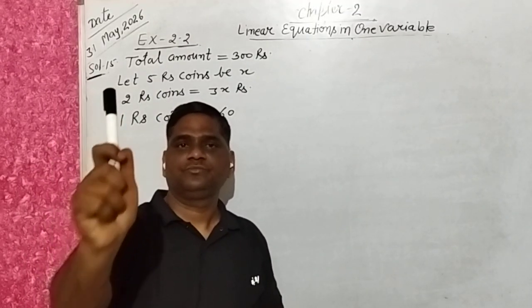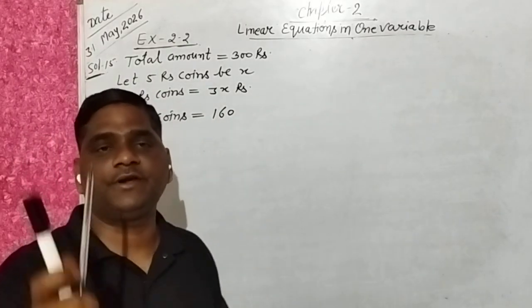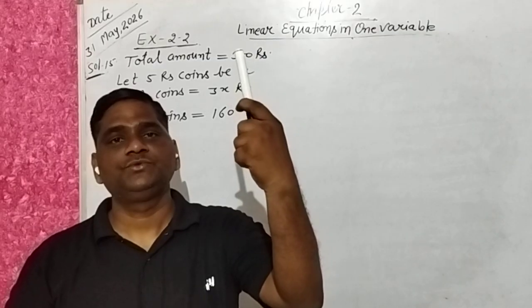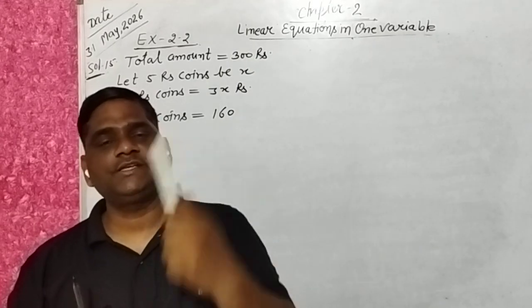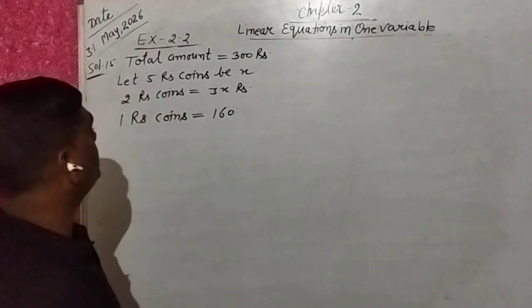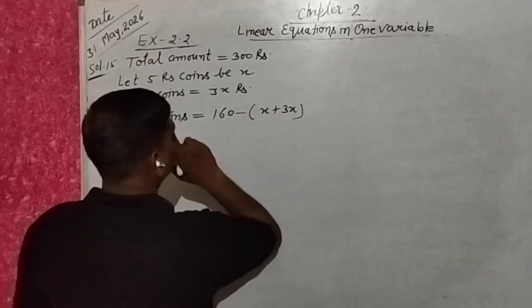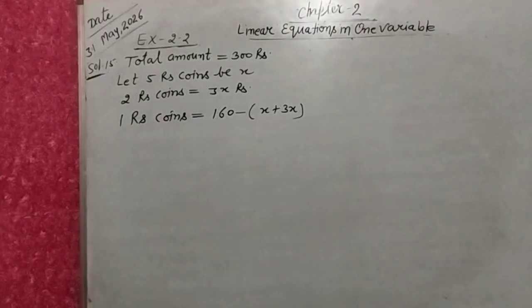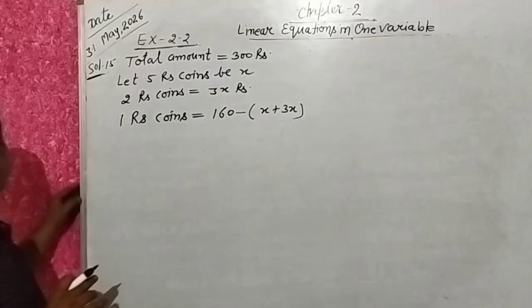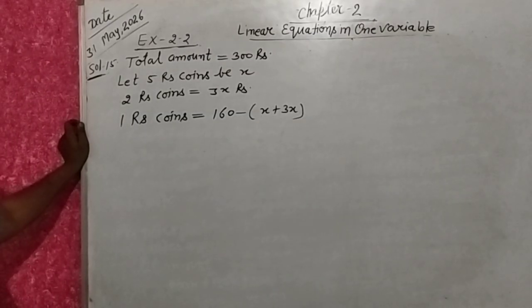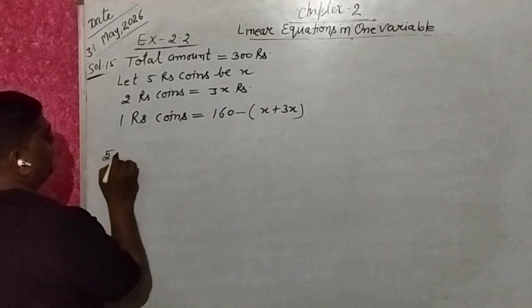The 5 rupees coins x plus 2 rupees coins 3x, so 160 minus x plus 3x. Understand? So the number of 1 rupee coins is 160 minus 4x.